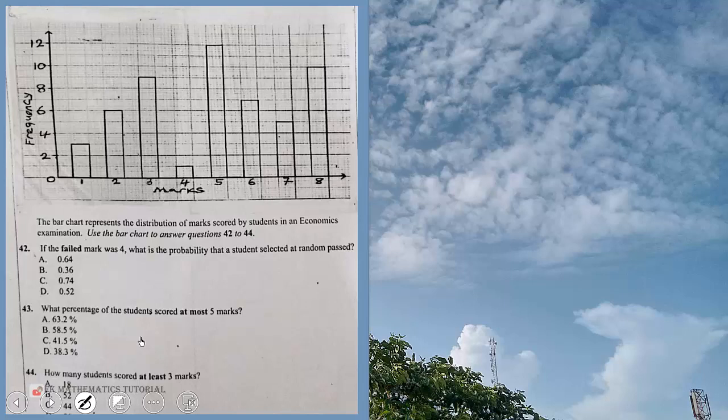The frequency is 3, this one the frequency is 6, this one 9, this one 1, this one 12, this one 7, this one 5, and this one the frequency is 10.